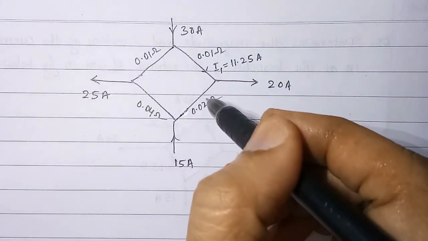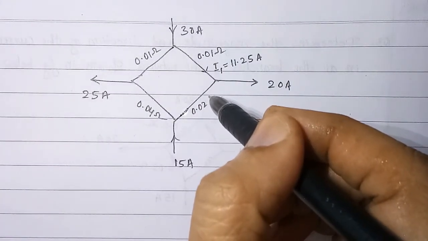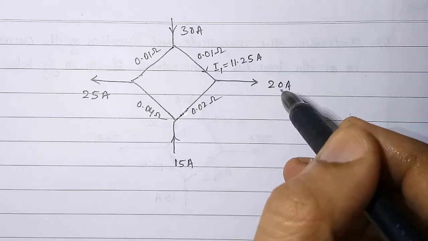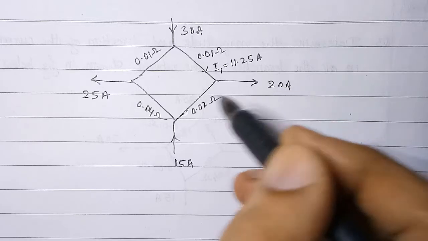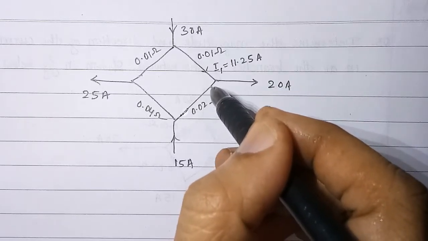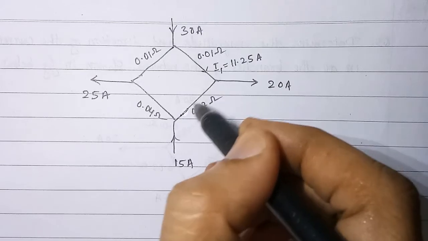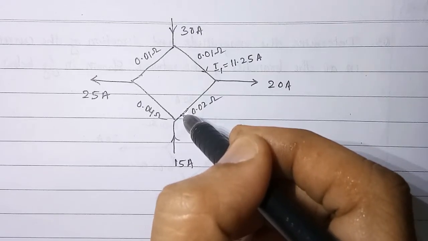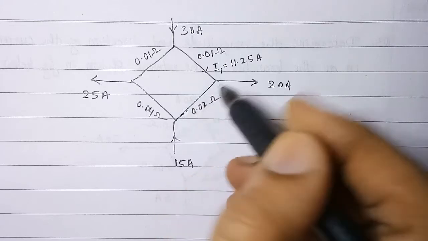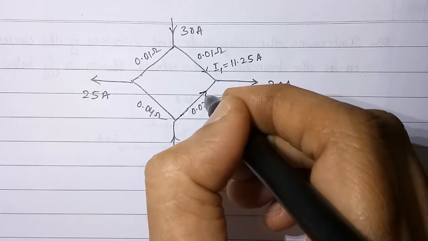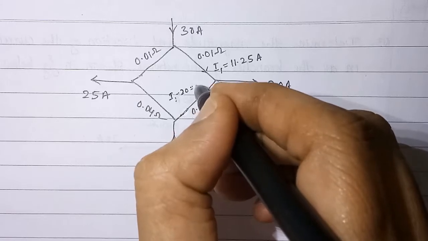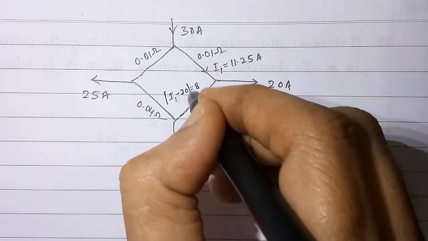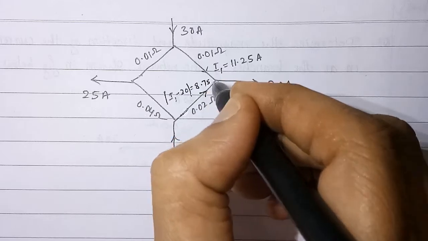In this branch the current flowing is I1 minus 20 ampere, that is 11.25 minus 20. It will be minus 8.75. Since the direction of current that we have assumed is in the downward direction, but we are getting the current in this branch with a negative sign, therefore we have to reverse the direction of current, and hence I1 minus 20 is equal to 8.75 ampere here.